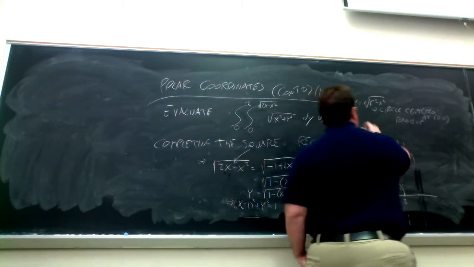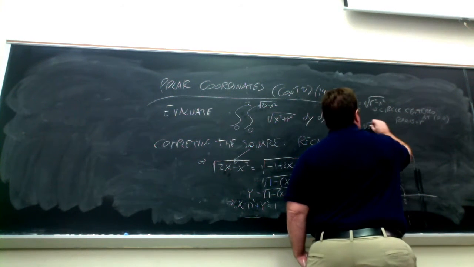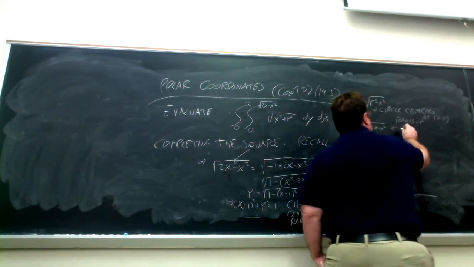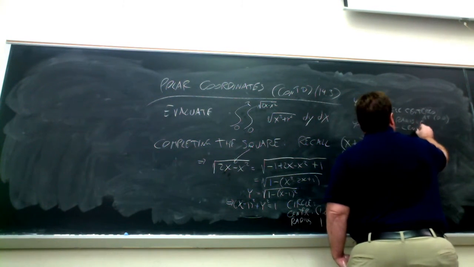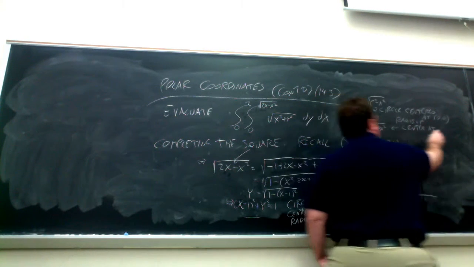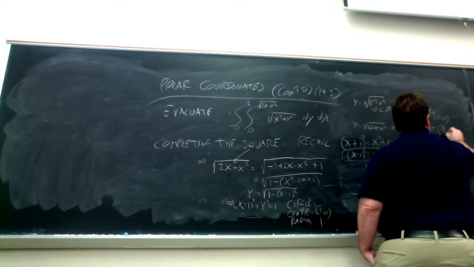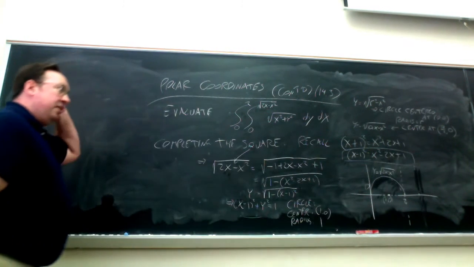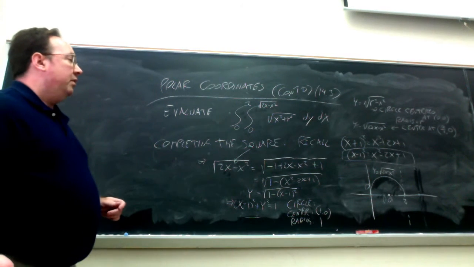But if you have something like this, where there's a linear term, so ax minus x squared, that means that the center is going to be at like a over 2 and 0, and then from a completing a square process, you can figure out the radius.